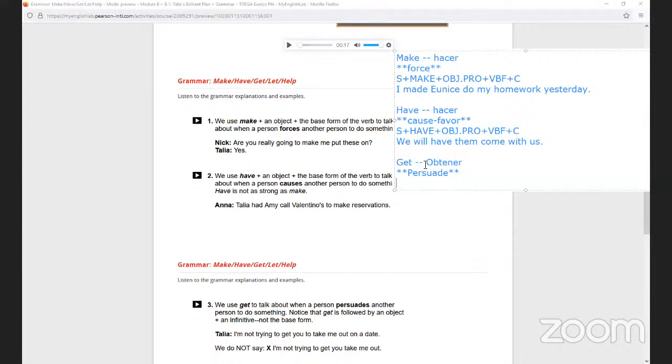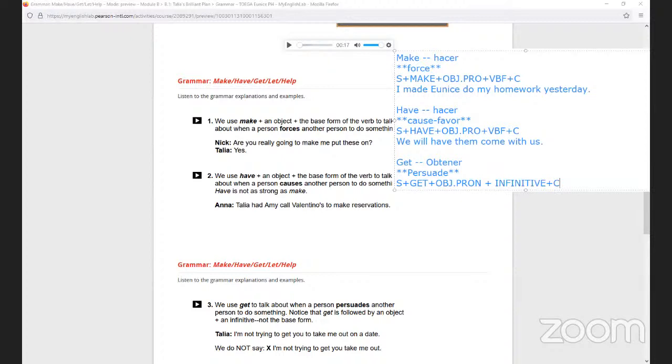So with get, the structure is the object pronoun, but in this case, we don't use the verb in base form. We use the infinitive.